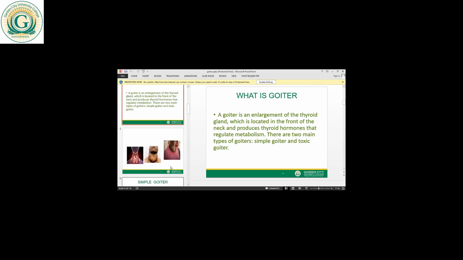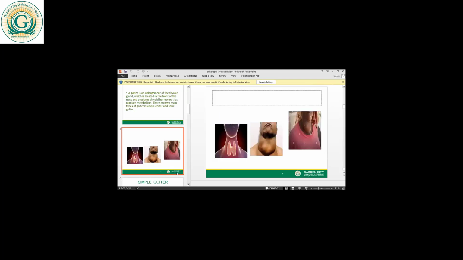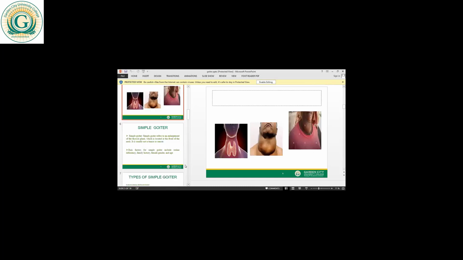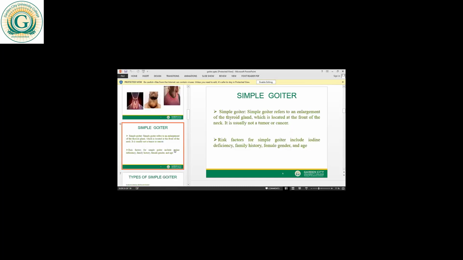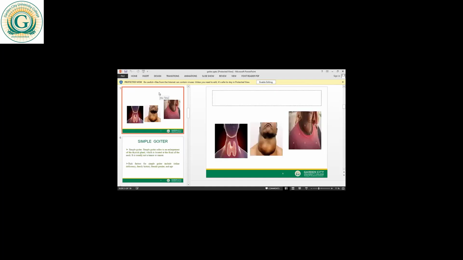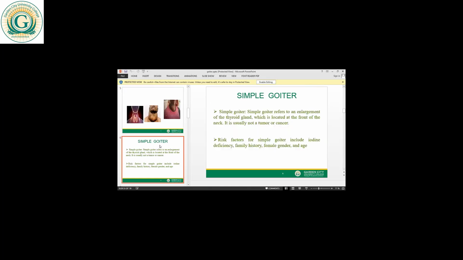So we have a few images to appreciate what we are presenting. The first one, we can see the thyroid gland. And the other images are the enlargement of the thyroid gland, which we are coming to talk about, that is goiter.